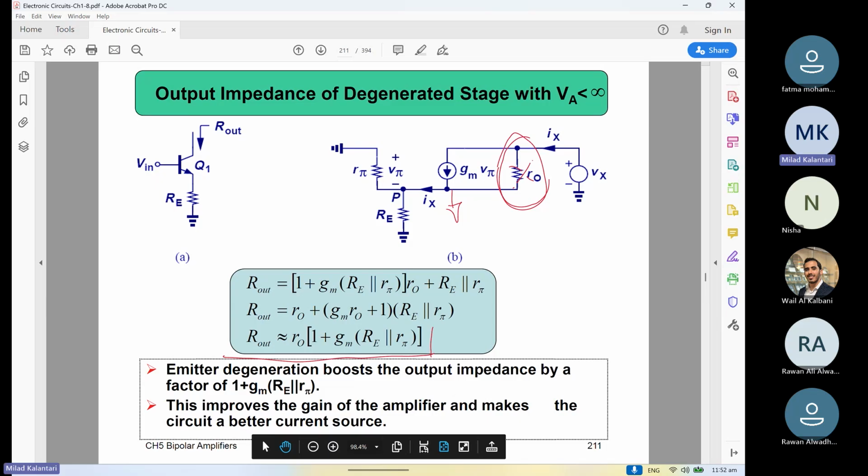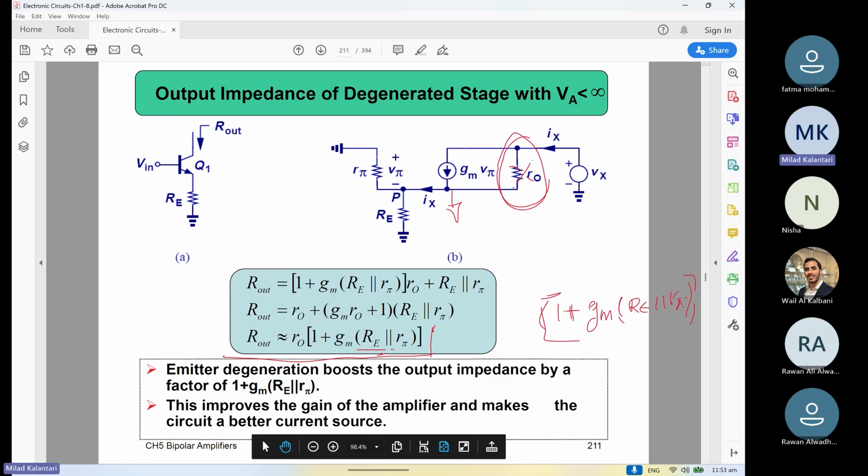But with the degeneration, the R out will increase by this equation. There is an increment in the R out, a boost by this factor, 1 plus GM times RE in parallel with RPi. We will return to it later on.